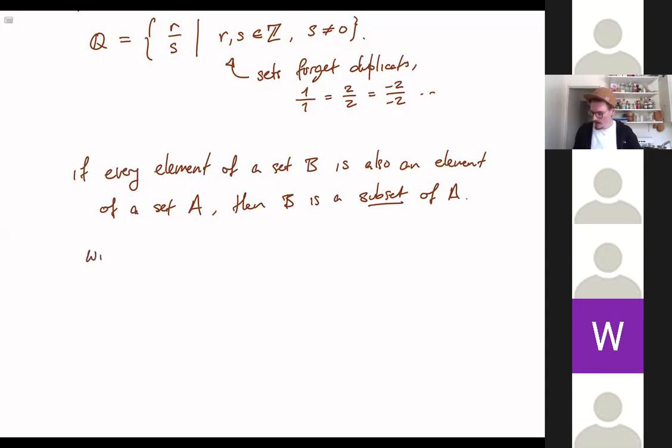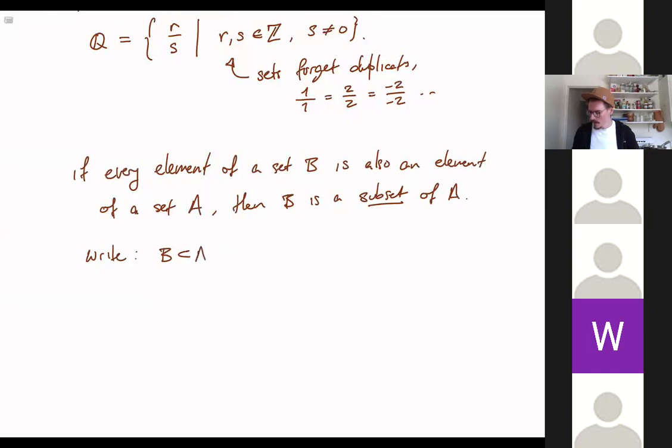So we will write this as B, let me write this nicely. It's like a smooth less than sign, like a little cup.